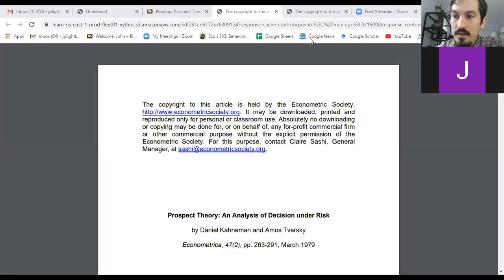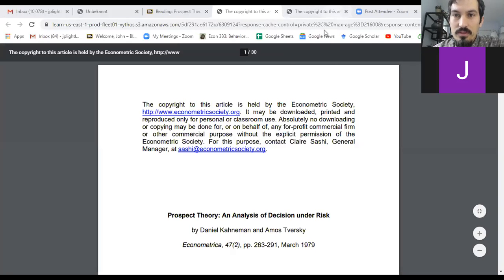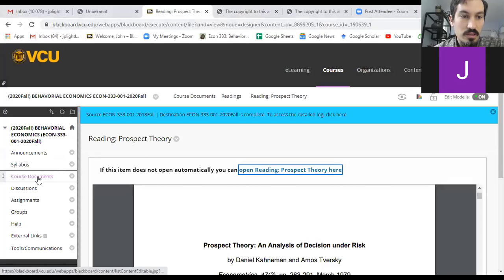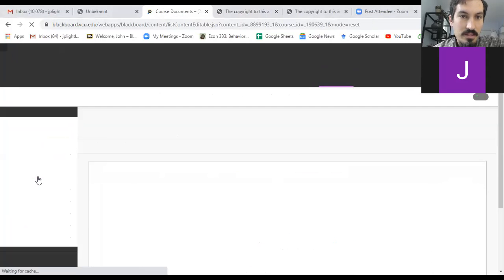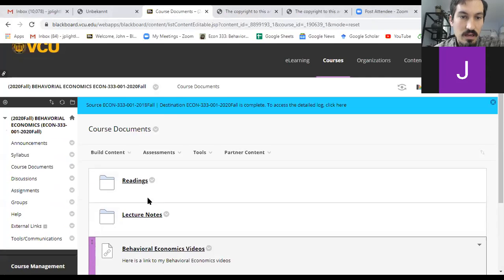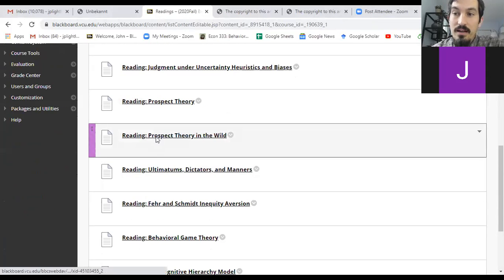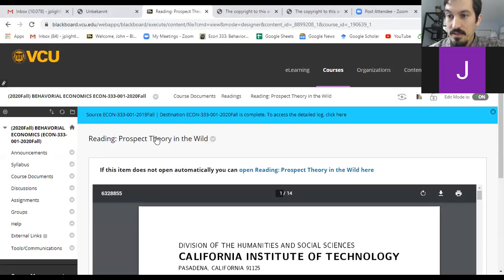This is, by the way, the original paper on prospect theory. Oh gosh, maybe I don't want this. No, I will leave this open and we will talk about this, but let me go to the other thing in the course documents, which is the other reading about prospect theory, which is prospect theory in the wild. I wanted to talk about this paper today anyway, so it's a good segue.